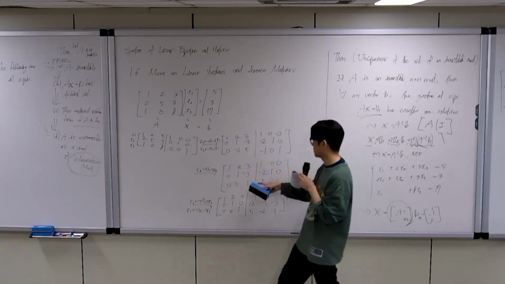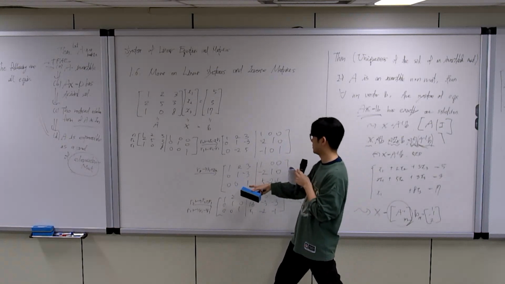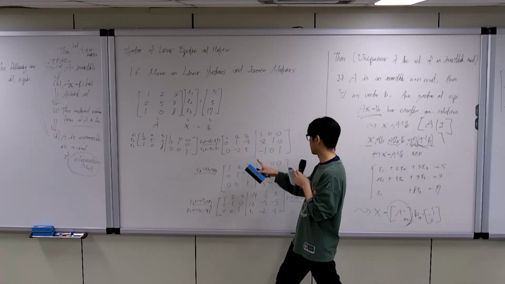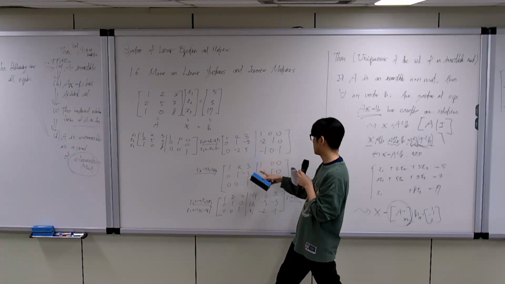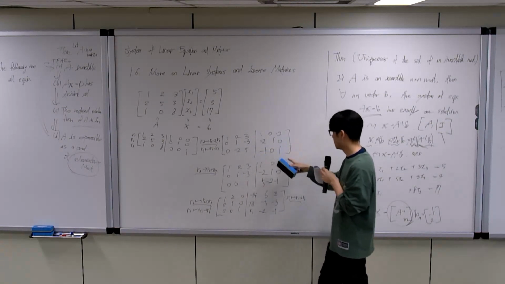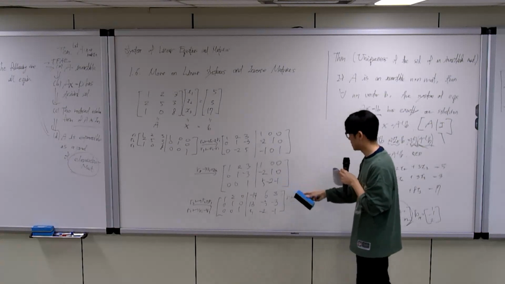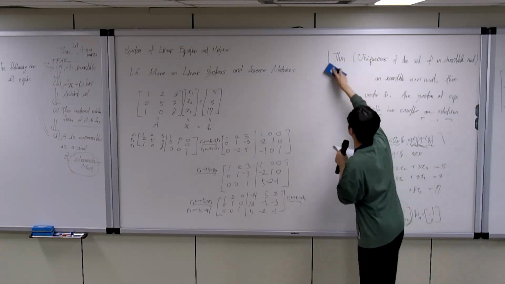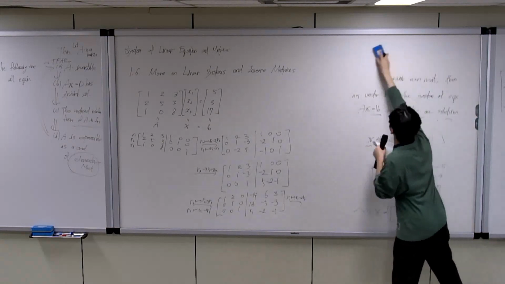Is it right? 2, minus 4, 2. I think it is right. I will calculate continuously.